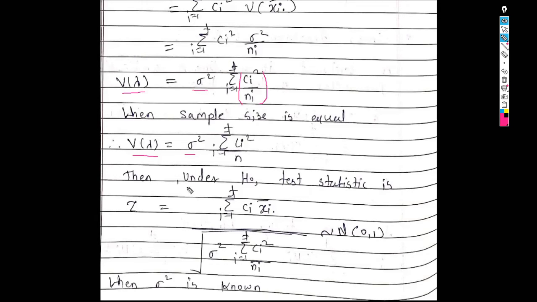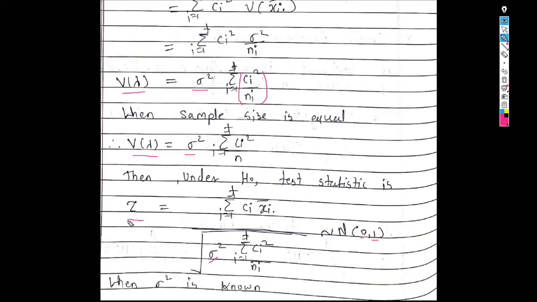Then under H naught our test statistic is z equals summation i varies from 1 to t, ci xi dot bar upon square root of sigma square into summation i varies from 1 to t, ci square upon ni. So this test statistic is for unequal sample sizes of treatments, and this follows a normal distribution with mean 0 and variance 1.